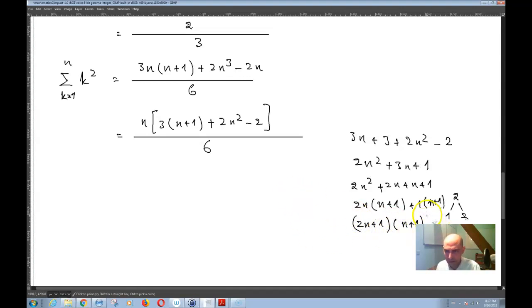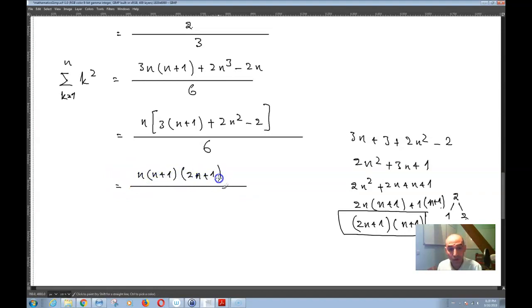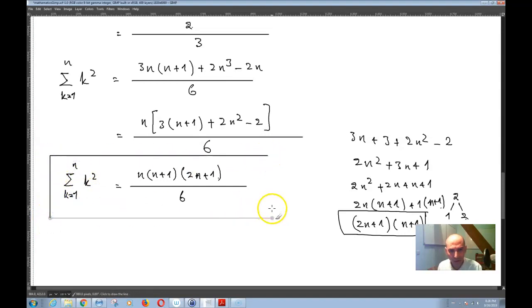And this is the factorized form of this expression, which is equal to n times n plus 1 times 2n plus 1 divided by 6. And that is equal to sigma k squared, as k goes from 1 to n. That is what we were looking for.